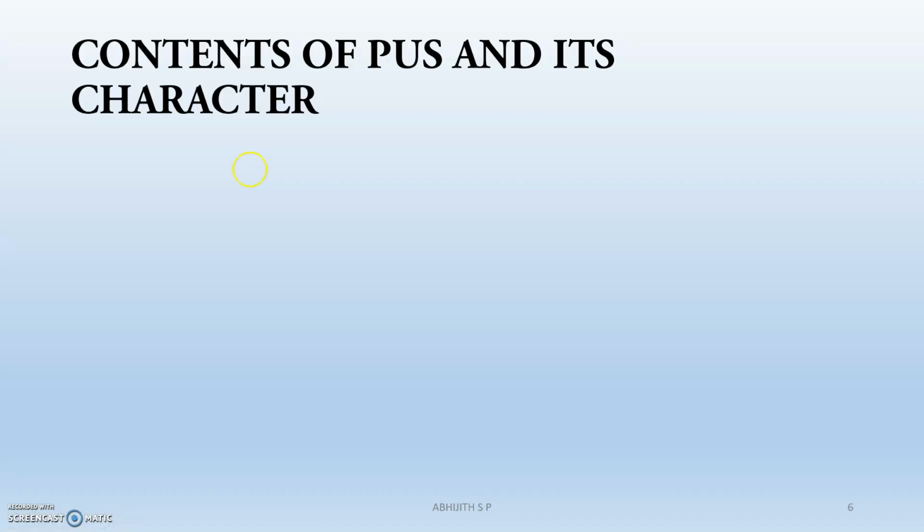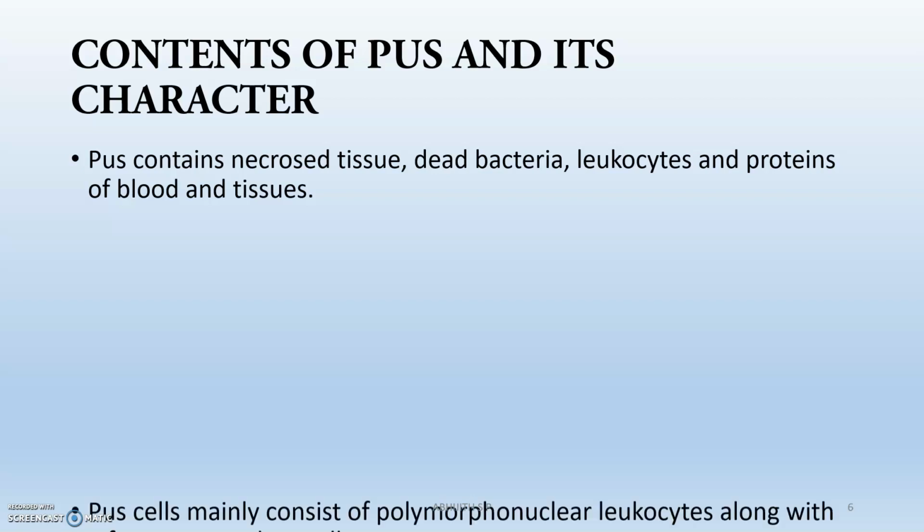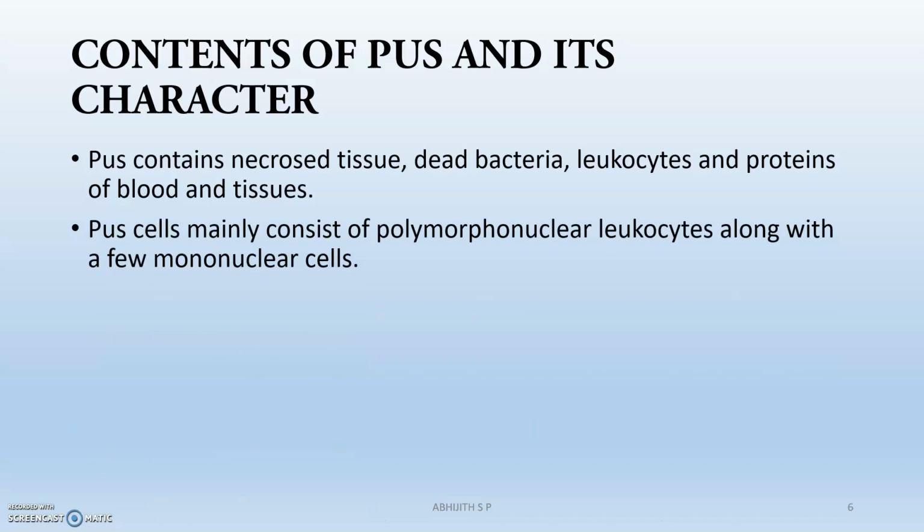Moving to the contents of pus and its character. Pus contains necrotized tissues, dead bacteria, leukocytes, and proteins of blood and tissues. Pus cells may consist of polymorphonuclear leukocytes along with a few mononuclear cells.